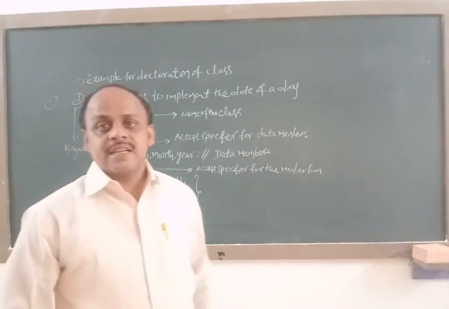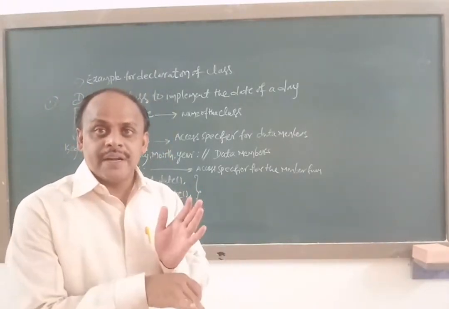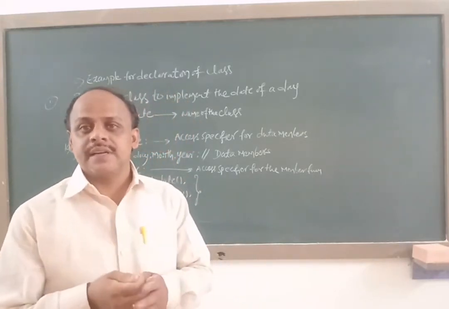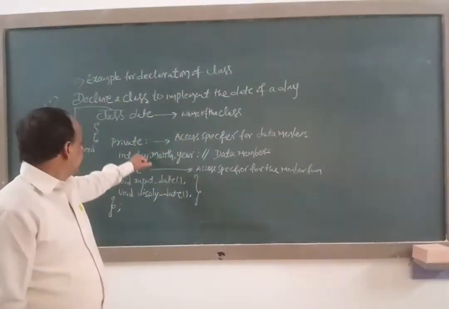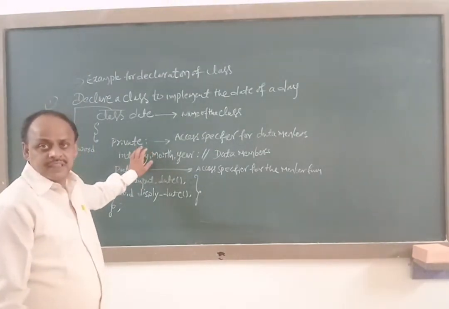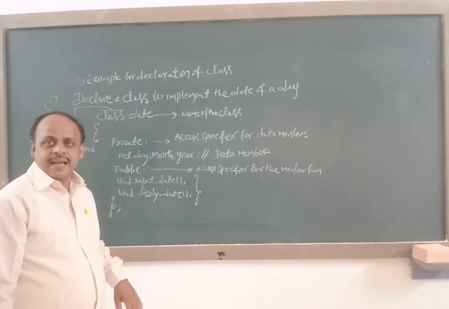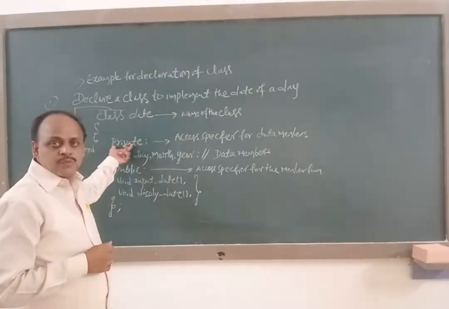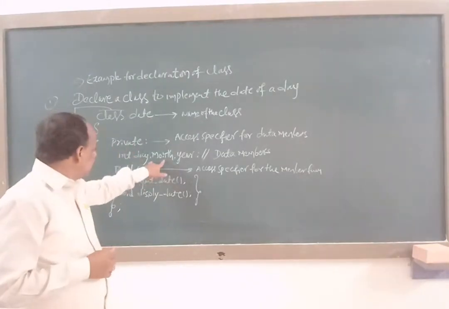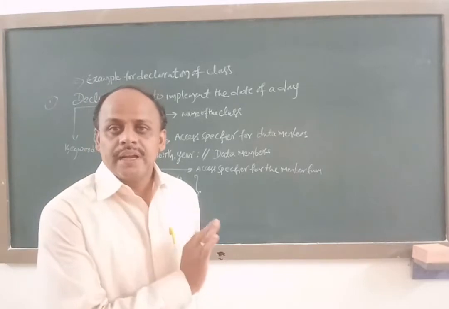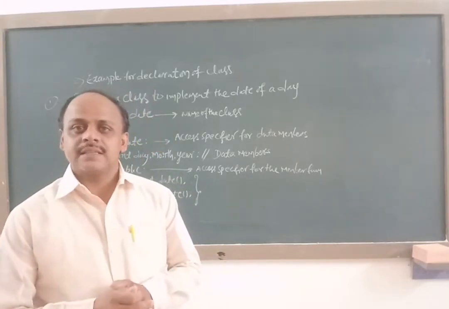I told in the last class why we have to take private, why public, why protected, and what happens, right? So here I took day, month, year as private, which means these are not accessible outside the class. Using the private access specifier means these data members are accessible only inside the class.